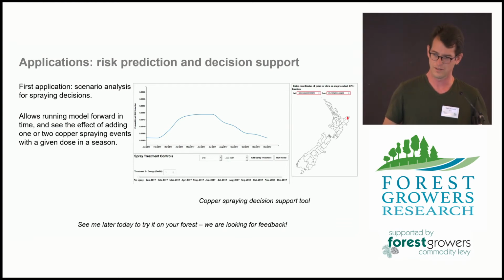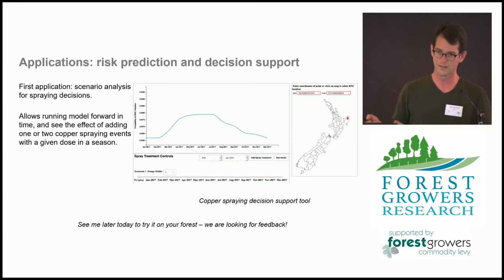And then we have our big integrated model. It's not completed yet, but we have enough that we could build a first useful tool on top of it. So this is a copper spraying decision support tool. The idea is, it's a simple web interface, and this is a screenshot of it.